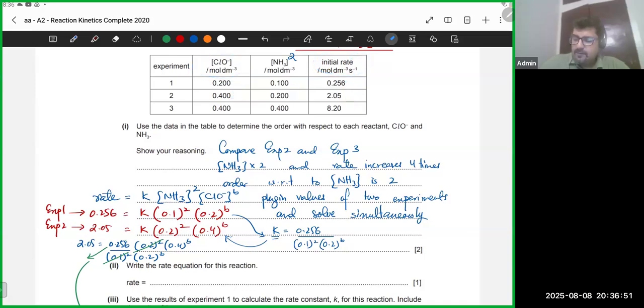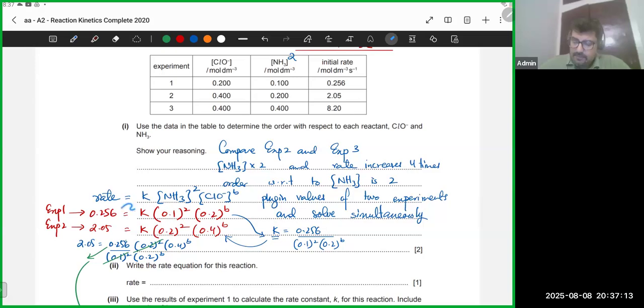So I wasn't able to figure out ClO minus 1 initially, but I was able to figure out ammonia because there were experiments where ClO minus 1 was kept constant. It doubled, and the rate became 4 times. So I was able to figure out that this is order 2. But I wasn't able to figure out the order of ClO minus 1.